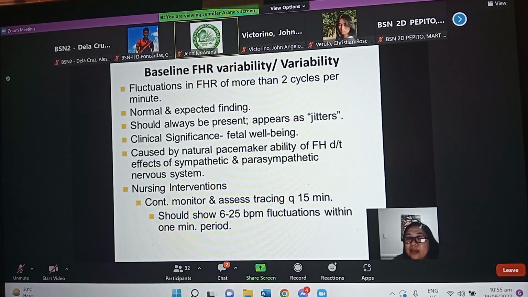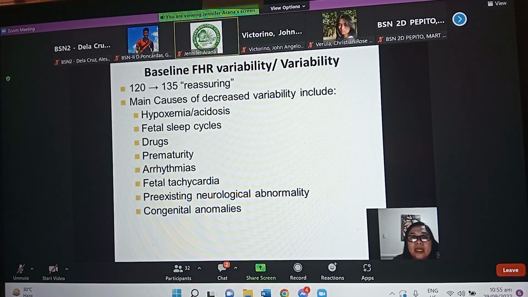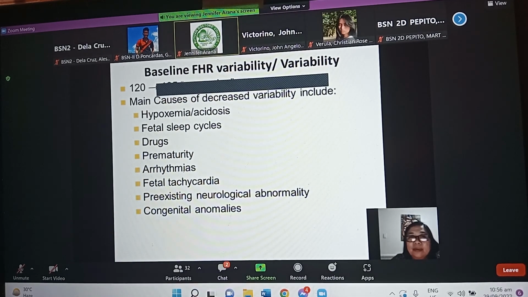It should show a 6 to 25 beats per minute fluctuations within a 1 minute period. Heart rate of 120 reaching 135 beats per minute is reassuring. That's a normal baseline FHR variability.